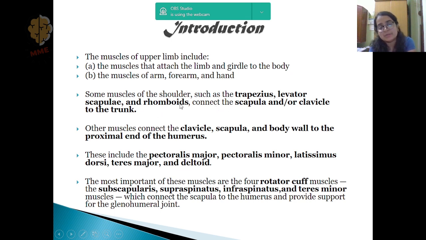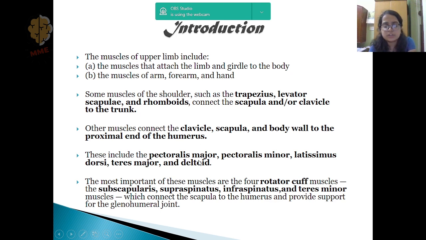Now, I just elaborated the insertion for your benefit, but now I'm going to shift to the next subgroup of these group 1 muscles, and these muscles connect the clavicle, scapula, both or any one of them, and the body wall to the proximal or the upper end of the humerus.